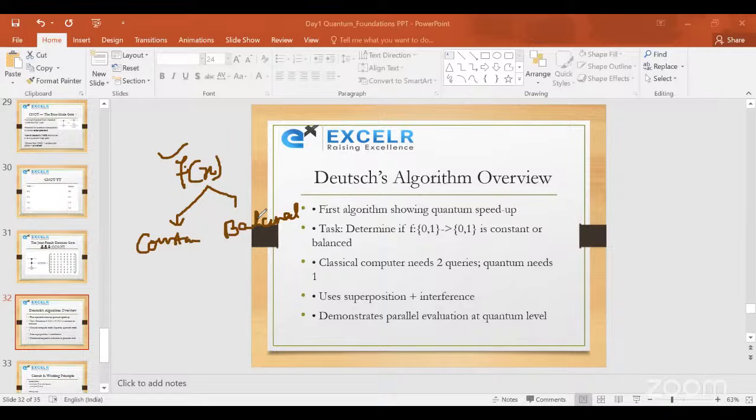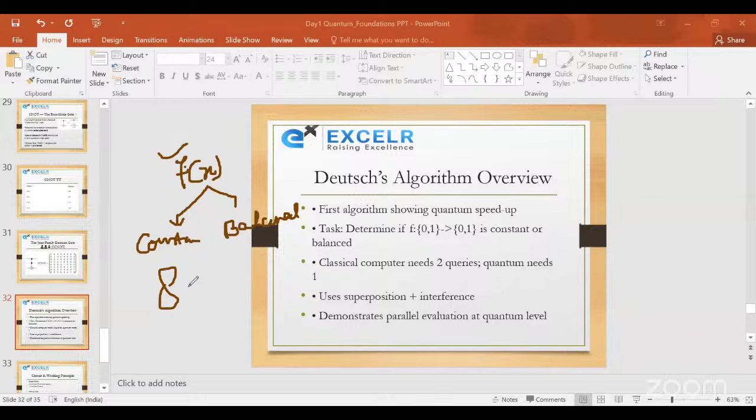What are the constant and balanced functions? For that, we can give one example. Suppose there are 8 bowls and 8 dishes, and we have to check which dish is salty and which dish is sweet. So we have to check the taste of the dishes, salty or sweet.